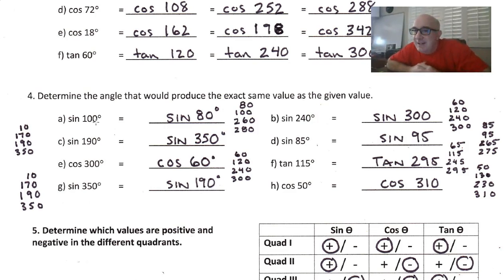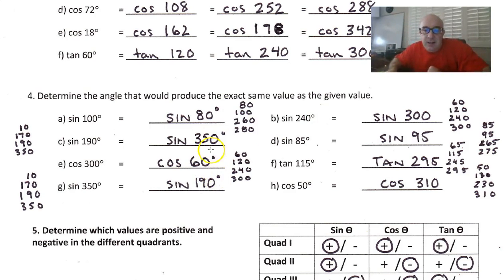And you've got to find the other one that matches this one in terms of positive or negative. So the sine of 100 is just beyond 90, and so it's in that quadrant.